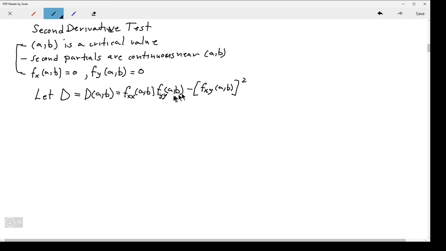Now we have conditions. If D is positive, so if D is greater than 0, and the partial fxx of (a, b) is also positive, then f(a, b) is a minimum.